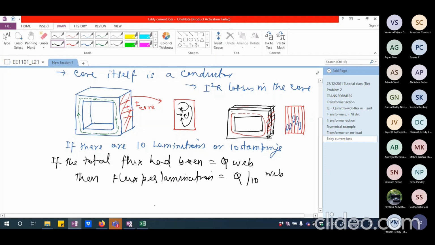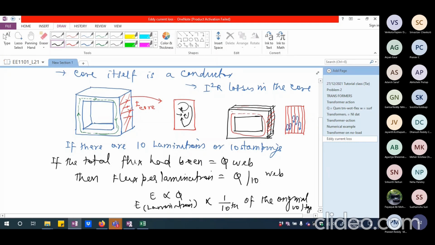Okay, so obviously the voltage is normally proportional to flux. So voltage per lamination will now actually be reduced by a factor of 1/10 of the original voltage. That is one thing.